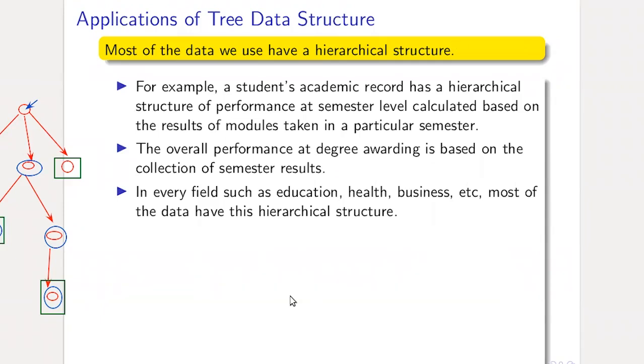If we take your academic record, this would be the overall academic record, and then you will have a record for each semester 1, 2, 3, like that for all the other semesters. So 8 semesters, and within each semester you will take multiple modules.